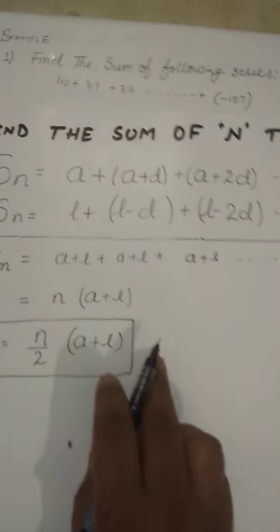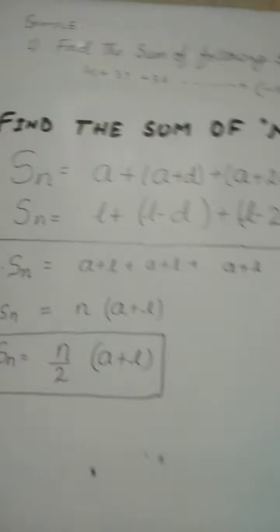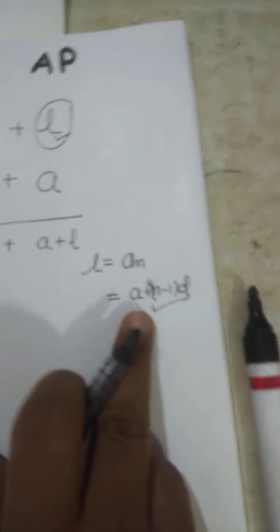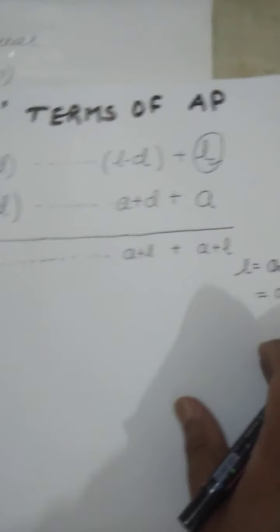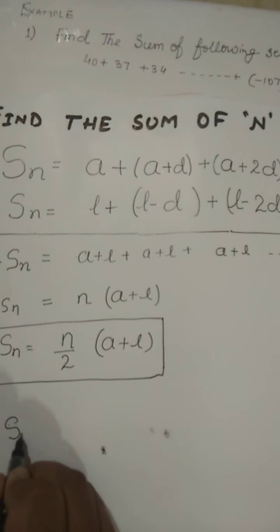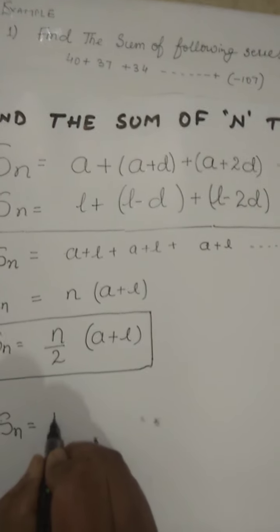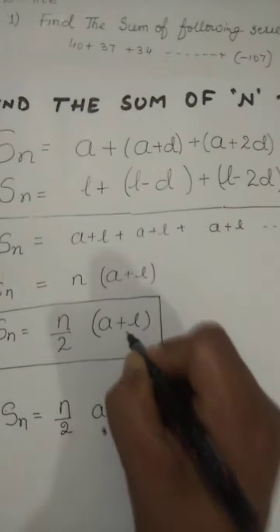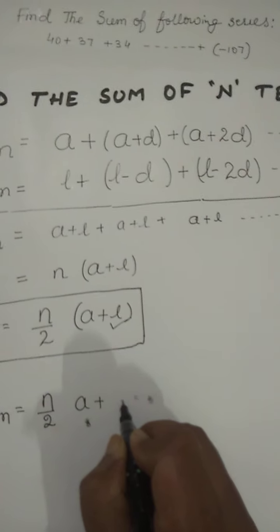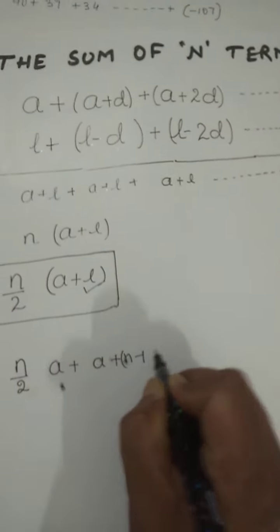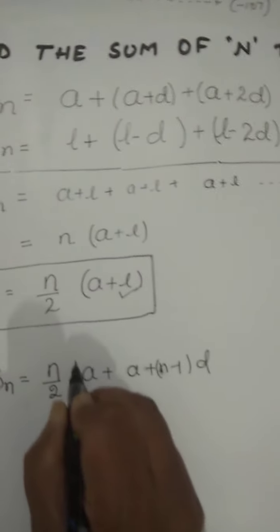Now you can write a plus l. Already I have written l is equal to an, the last term, and the formula for the nth term is a plus n minus 1 d. In the previous class I have given this. So Sn equals n by 2 times a plus the value of l, a plus n minus 1 d in brackets.